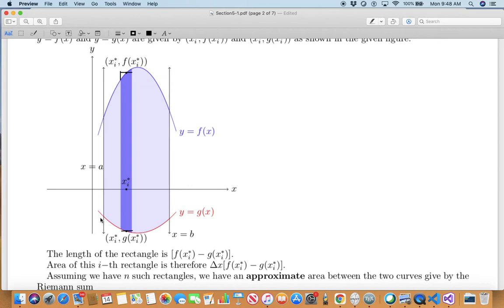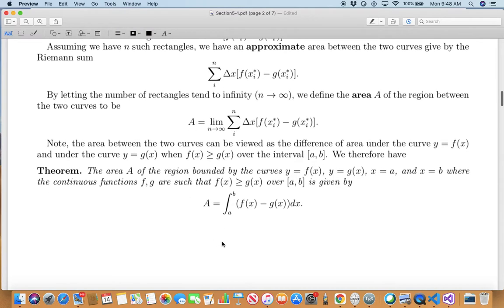So if my function f is greater than or equal to g, then we get, using the fundamental theorem of calculus part 2, the area A of the region bounded by the curves y equals f(x), y equals g(x), x equals a and x equals b, where the continuous functions f and g are such that f(x) is greater than or equal to g(x) over the entire interval a to b. The area A is the integral from a to b of f(x) minus g(x) dx.